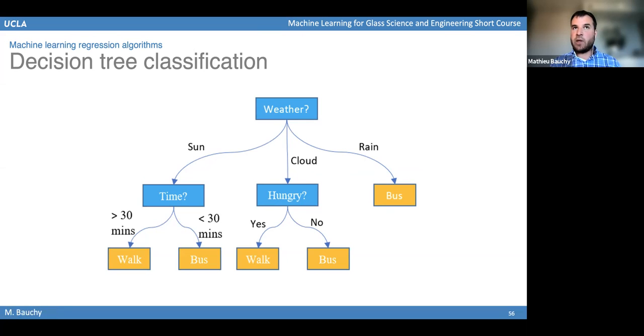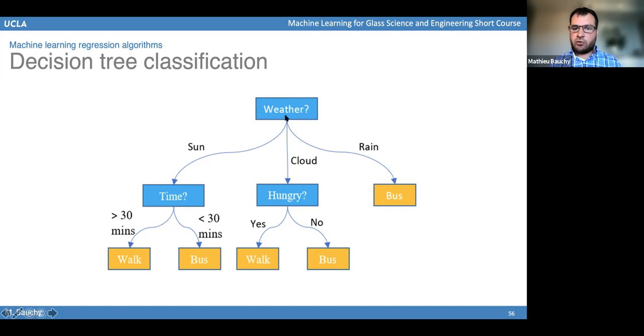You will look at how much time you have before whatever is your next commitment. How much time do I have before the next thing I have to do? That's going to be the second feature. And you have another feature, which is, are you hungry right now or not? So that's the next feature.